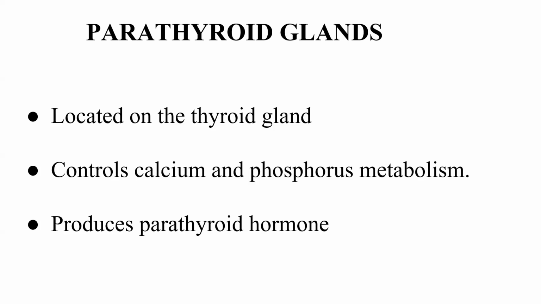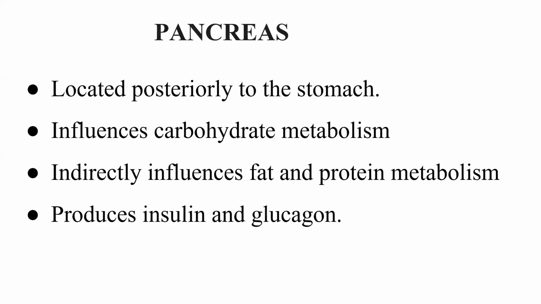Now, let's talk about the pancreas. The pancreas is located posteriorly to the stomach. That is, you find it behind the stomach. It influences carbohydrate metabolism. Basically, the function of the pancreas is to secrete the hormone insulin, which the sugar in the body uses for its metabolism.